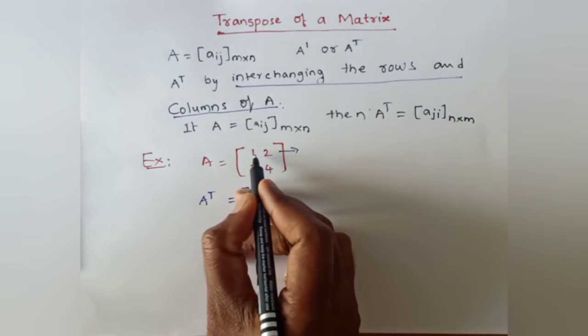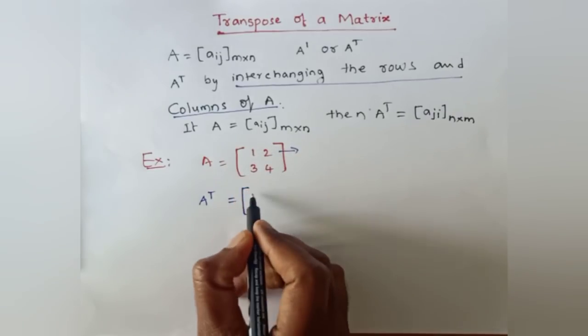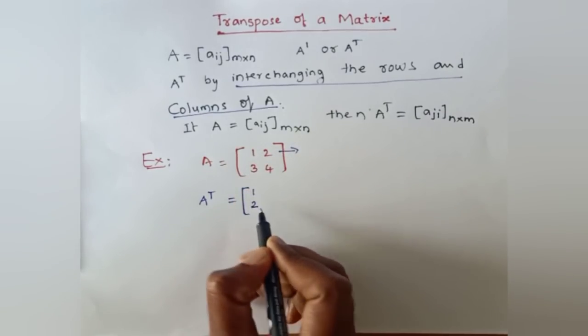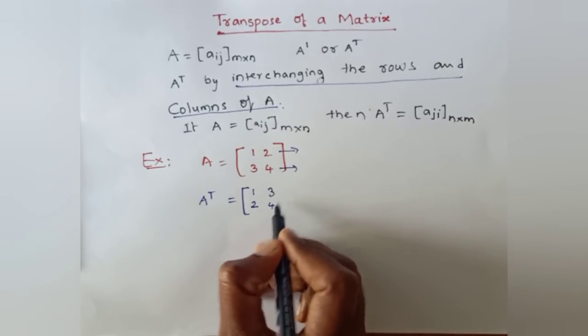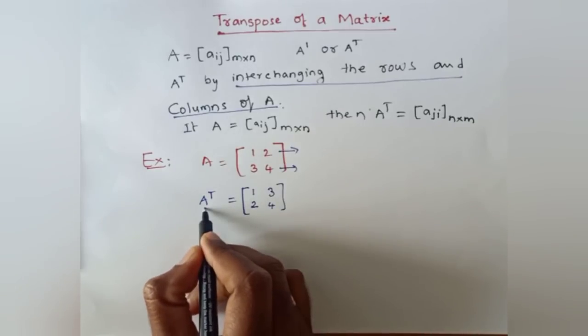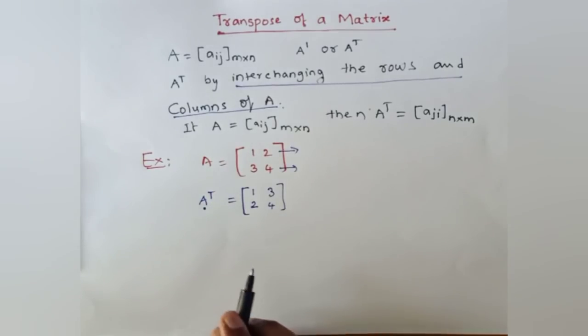The first row contains two elements, 1 and 2, so here the column is 1, 2. And the second row becomes the column 3, 4. So here is A transpose for A.